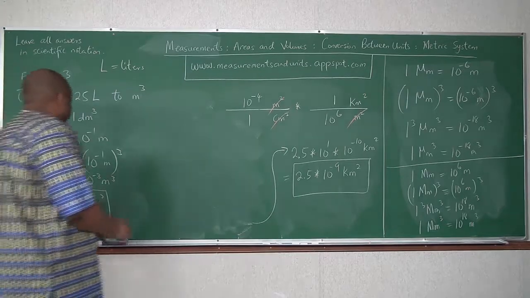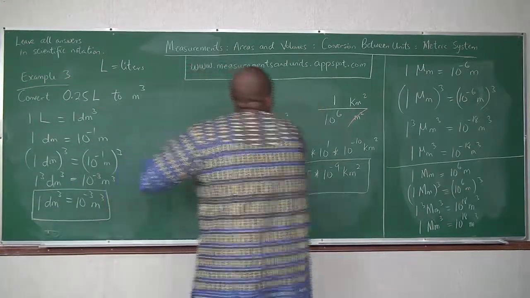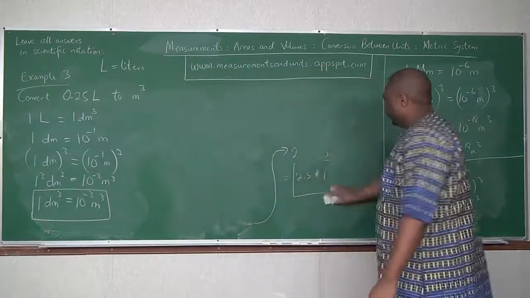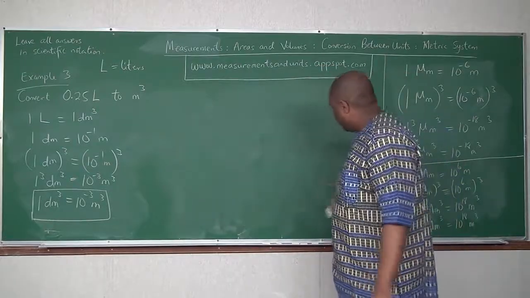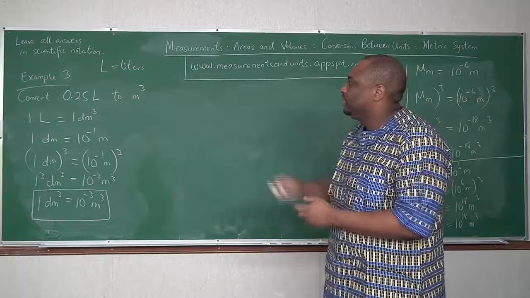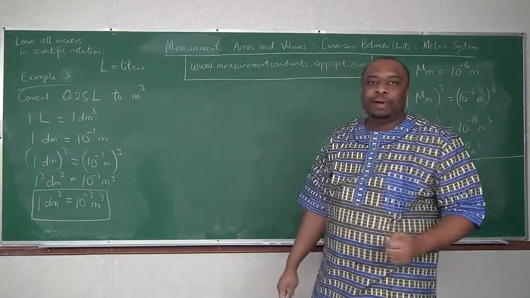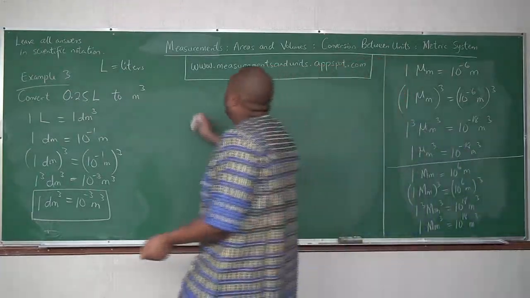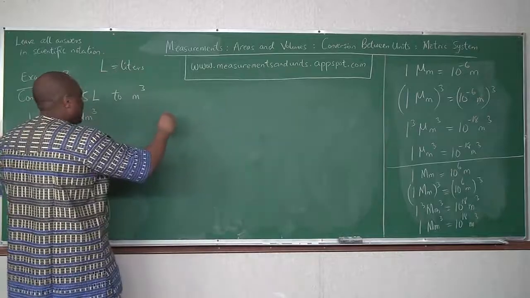So keep this. Okay, now the next thing we do is we can use the unit fraction method to find 0.25 liters to meter cube.